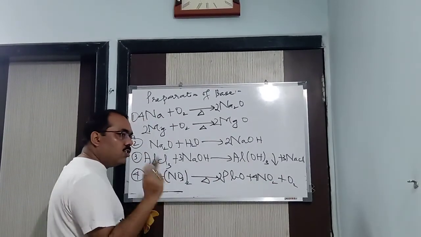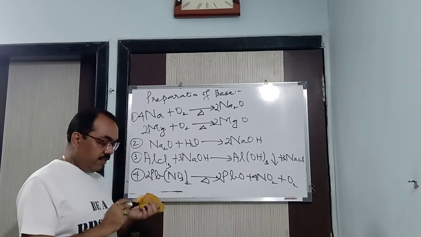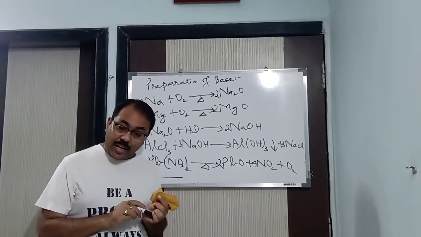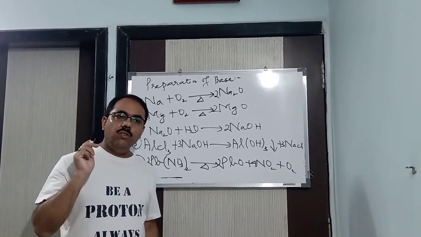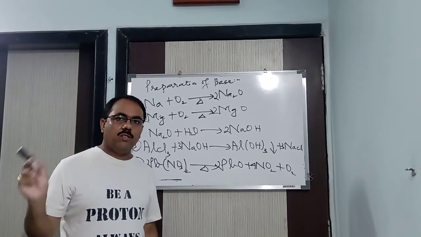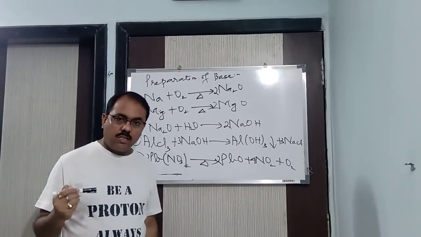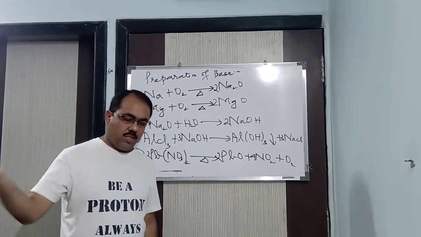One thing you remember, rather you can write it down also. Potassium nitrate and sodium nitrate on heating, listen carefully, will give you potassium nitrite and sodium nitrite and oxygen.